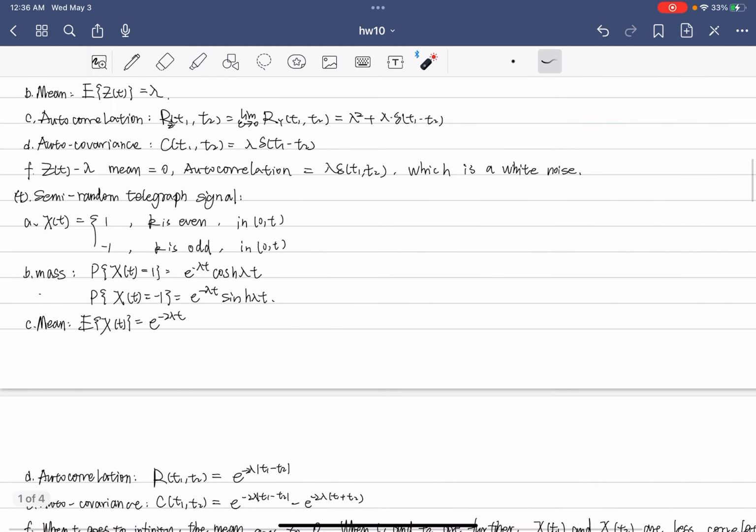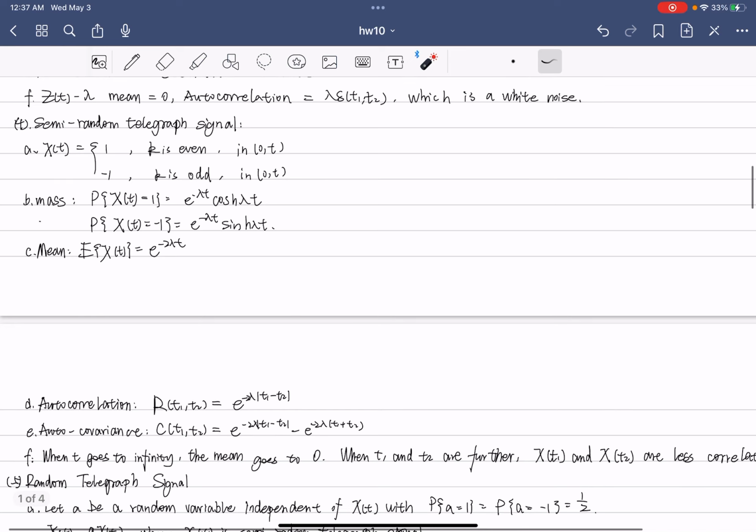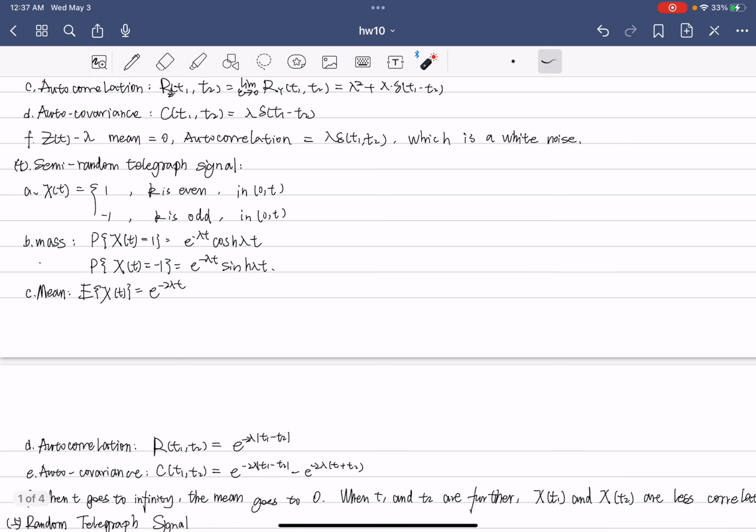The probability mass is that X(t) equals 1 with probability e to the power of minus lambda t times cosh(lambda t), and X(t) equals -1 with probability e to the power of minus lambda t times sinh(lambda t).